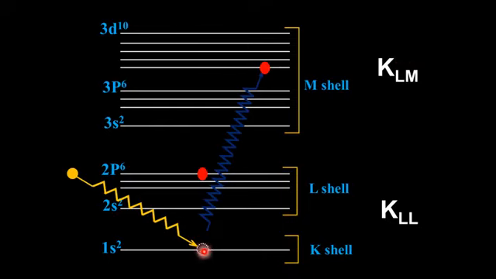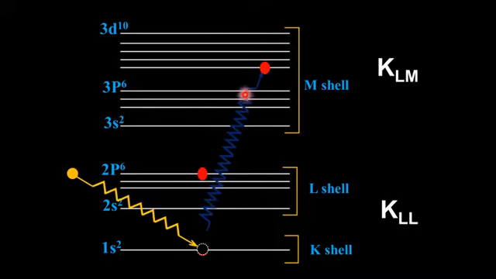if the high energetic beam of incident electrons ejects the core electron from the K shell, like this, and an L shell electron jumps into the vacant position of the core K shell electron, then this transition will cause the emission of characteristic X-rays.